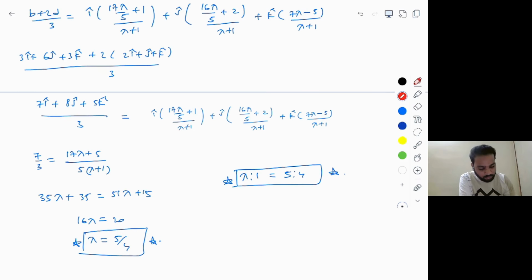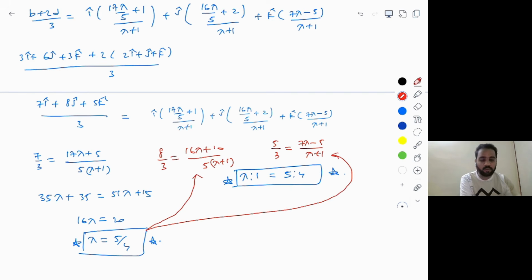So as I told, what will you do? You will equate the j cap coefficient, that is 8 by 3 is equal to 16 lambda plus 10 divided by 5 times lambda plus 1. Similarly, you will equate the k cap coefficients. 5 by 3 is equal to, this will be 7 lambda minus 5 divided by lambda plus 1. So what is the concept that I told you? Take this value of lambda is equal to 5 by 4.